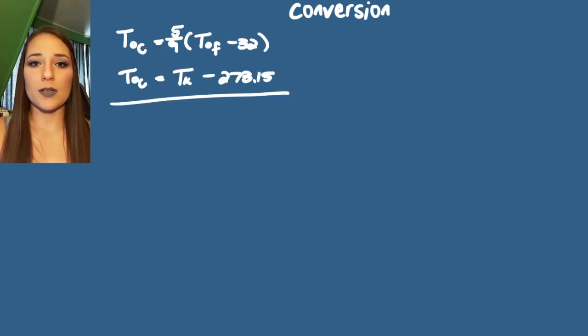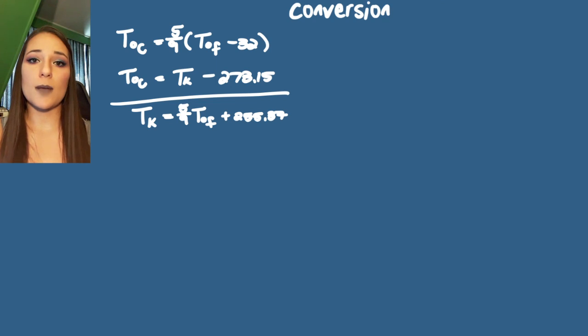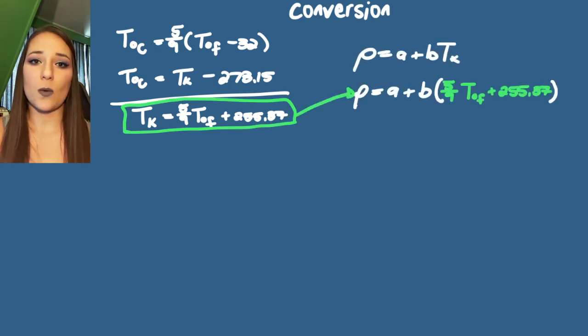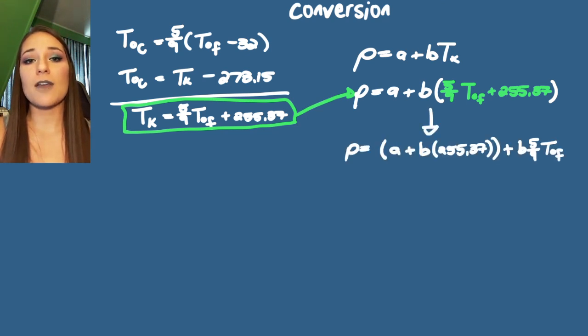So now that we know how to derive this equation, we can rearrange our degrees Celsius and Kelvin equation, sub it into one another, and now we have an equation that describes degrees Fahrenheit and Kelvin in one. We can plop it into the density equation, and if we finally rearrange it, we'll have a final equation where we can use degrees Fahrenheit directly to calculate the density of some substance.